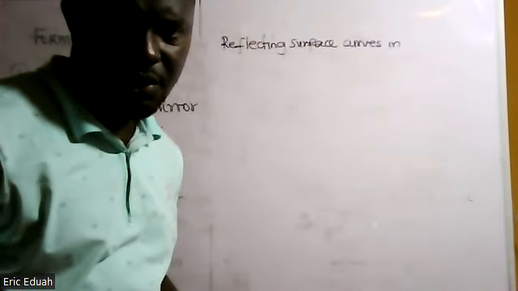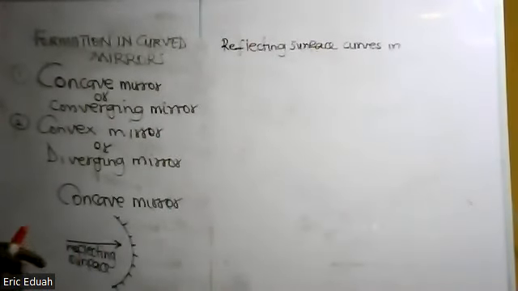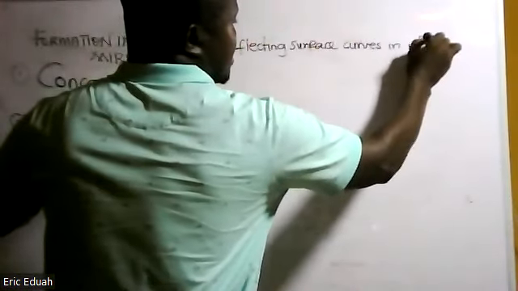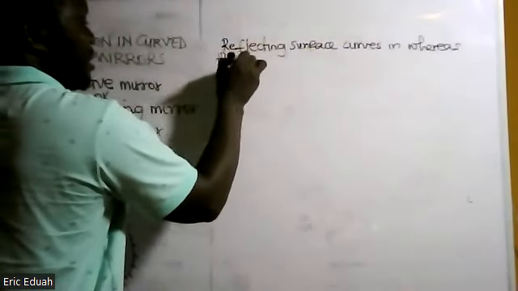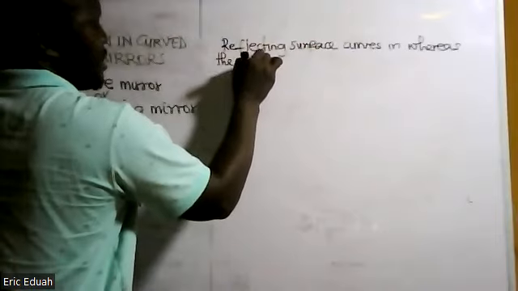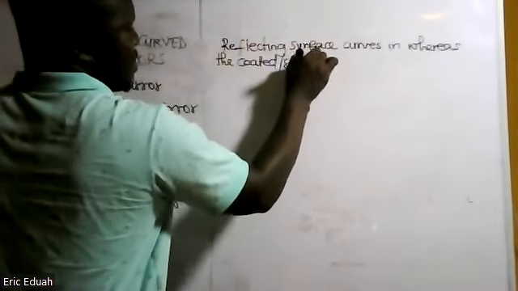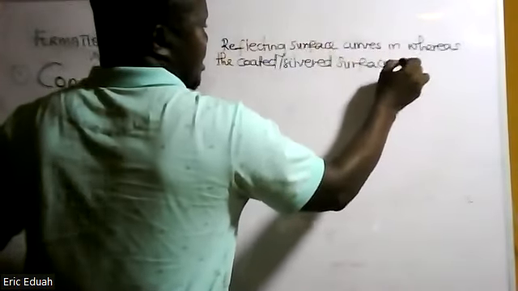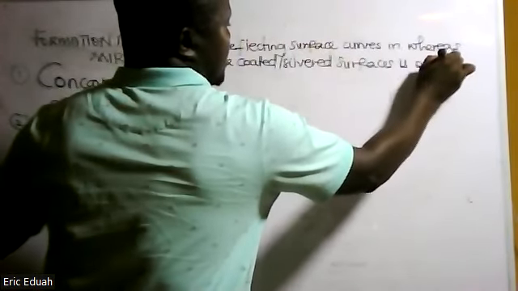Hello? Yes. Okay, so with a concave mirror, the reflecting surface curves in, whereas the coated or silvered surface is outward.